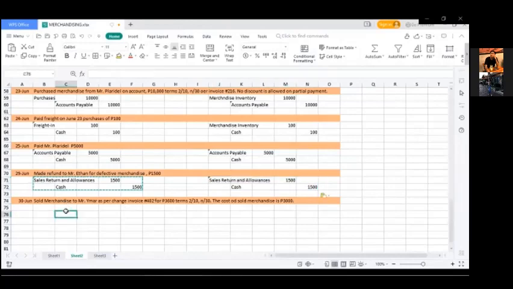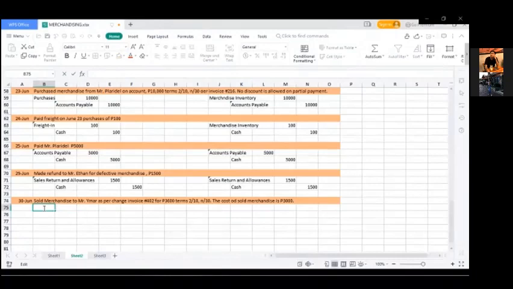So last transaction, June 30, sold merchandise to Mr. Imar as per charge invoice number 402 for 3,600, terms 2/10 and N/30. So the cost of the merchandise is 3,000.